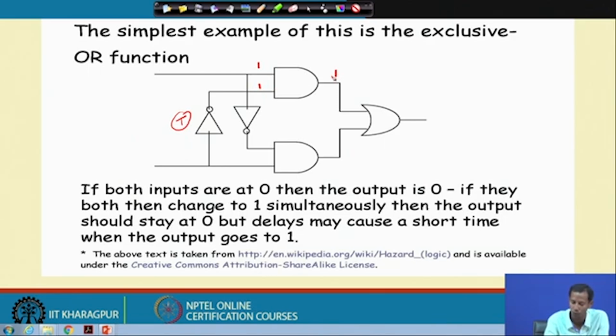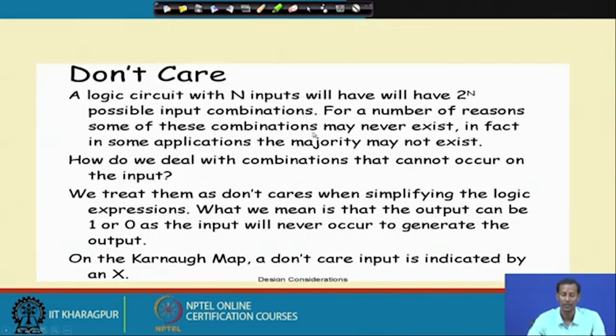So, at that time I am getting 1 over here, the same thing is happening over here, and 1 over here. If any of the inputs I change to 1, this will remain at 1 depending on the corresponding delay of these two inverters. Okay. So, this is basically known as the function hazard.